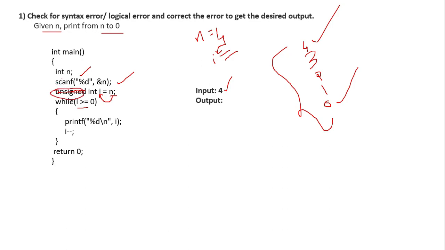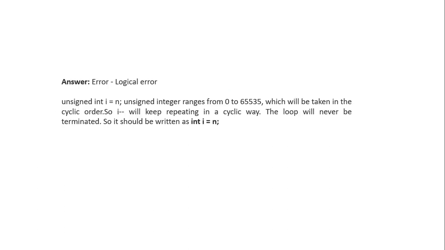If unsigned is present, your output will be an infinite loop, because this unsigned value ranges from 0 to 65,535 as you see on the screen, which will take values in cyclic order.